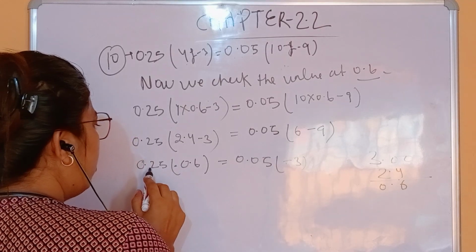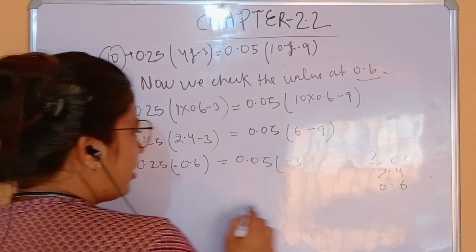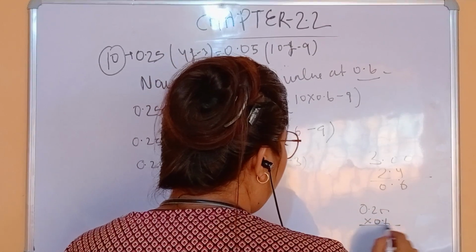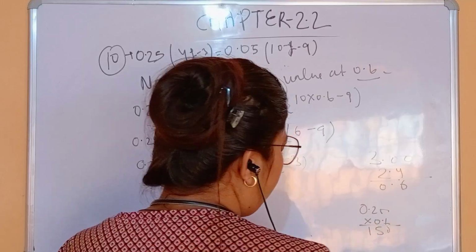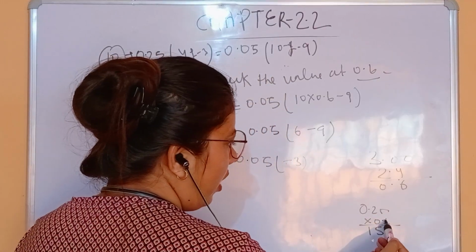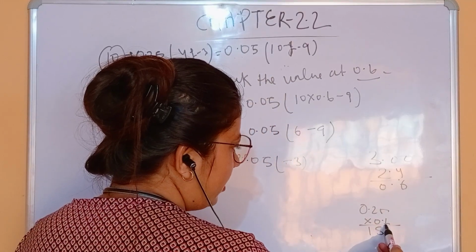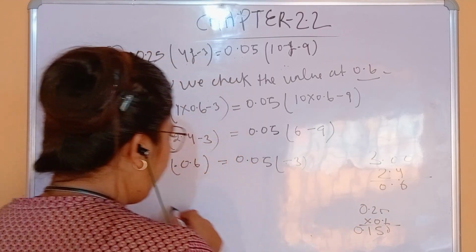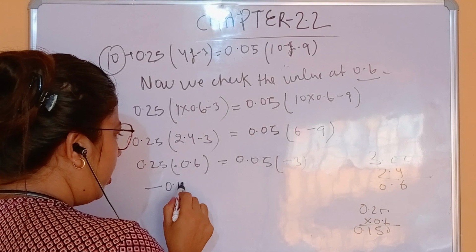Here 0.6. If we multiply 25 by 6, 0.25 multiplied by 0.6 comes 150. Here the decimal is given after 3 numbers, so here comes 0.15. So minus 0.15.